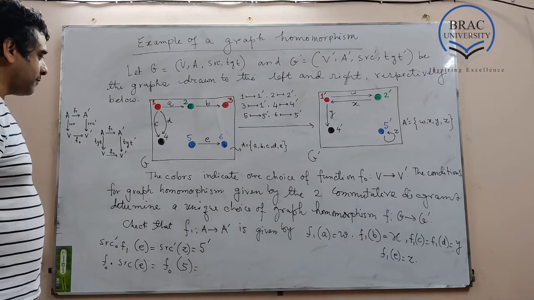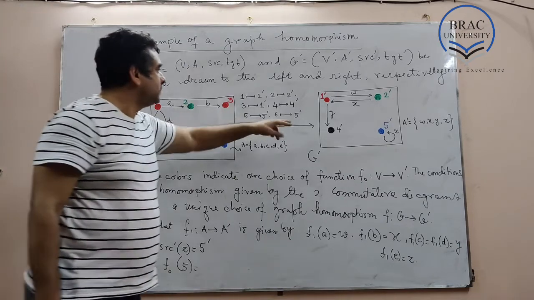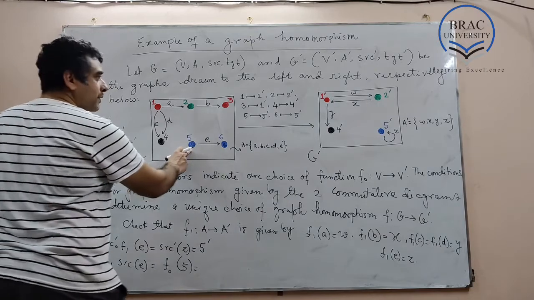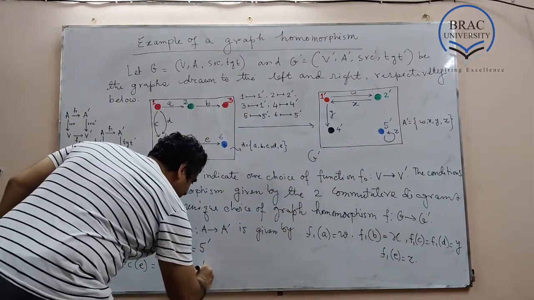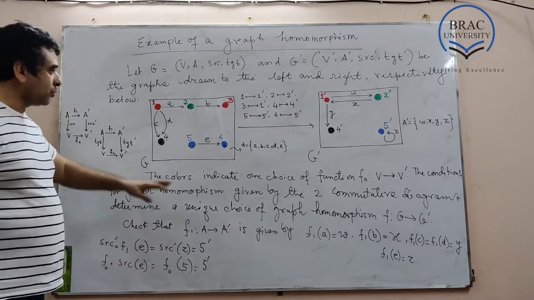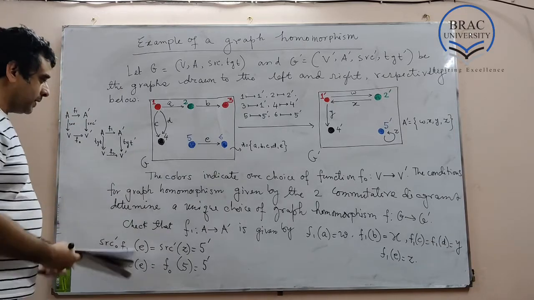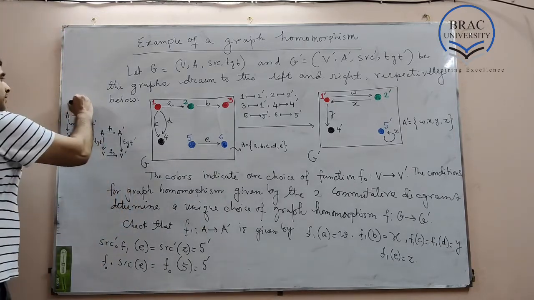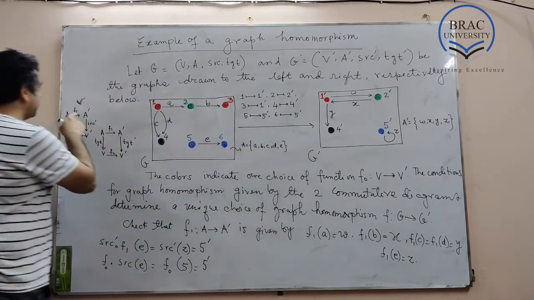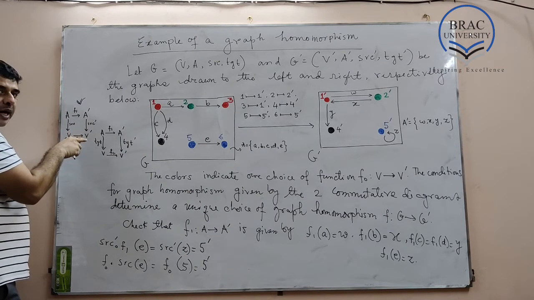So 5 is mapped to 5 prime. In other words, 5 and 5 prime have the same color, so they are the same. So you can check for other arrows of A, they will be equal, meaning that this diagram will commute for any choice of elements of A. Okay, this path and that path will give you the same answer.